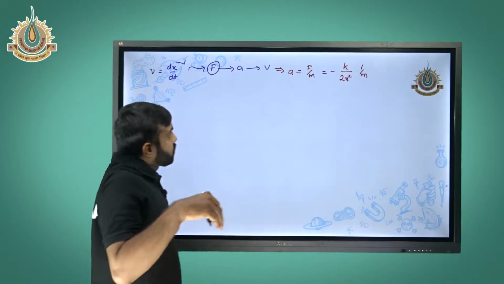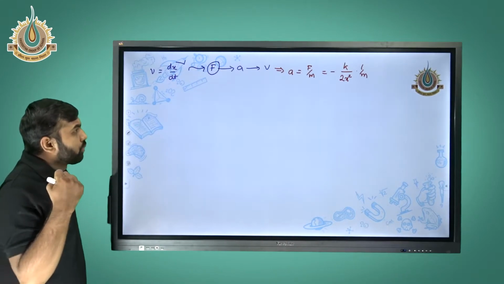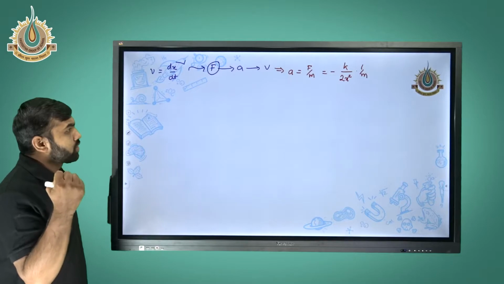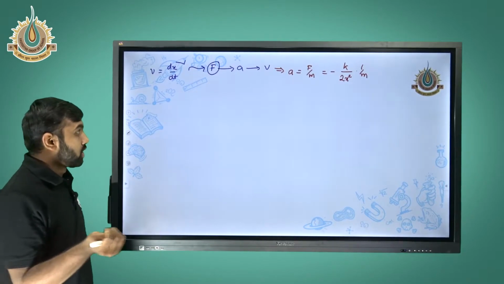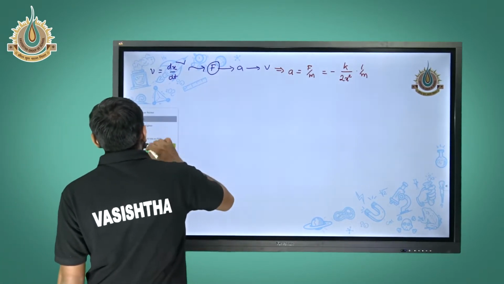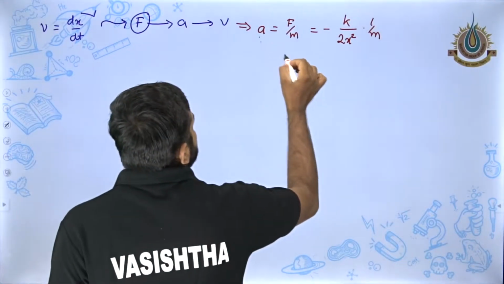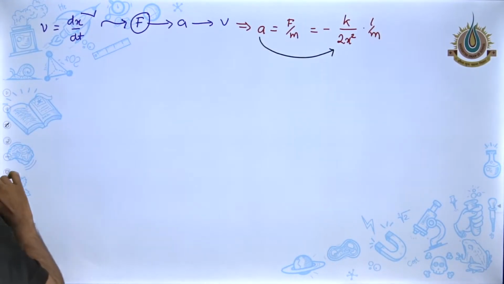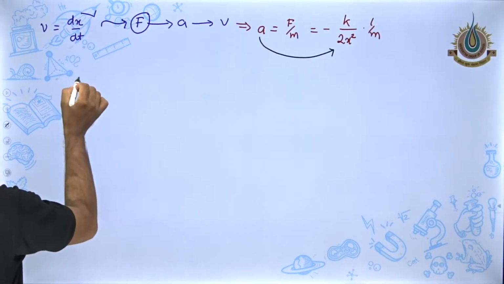So you write the equation of a in terms of x. Here the variable is x, so write the acceleration equation in terms of x. So how can we write it? It is a simple equation.